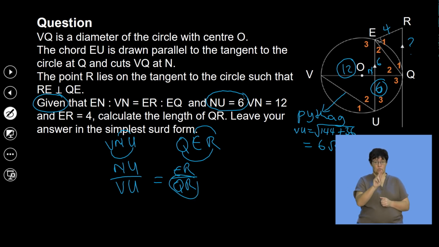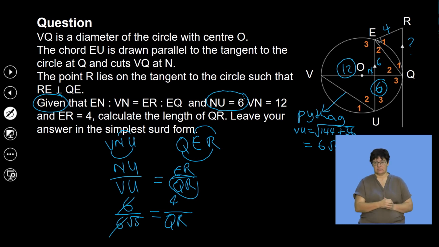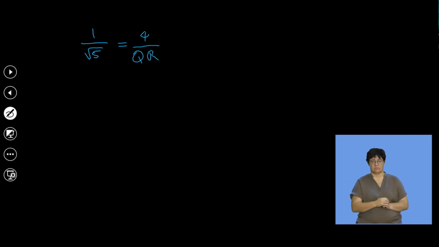My NU, I know because I was given it, is 6, over my VU, which I just found, which is 6 root 5. This is equal to my ER, which I also know, it was 4, over QR. So I'm just going to rewrite this. The 6 and the 6 divide each other, so now I'm left with 1 over square root of 5 is equal to 4 over what they want me to find, which is QR.